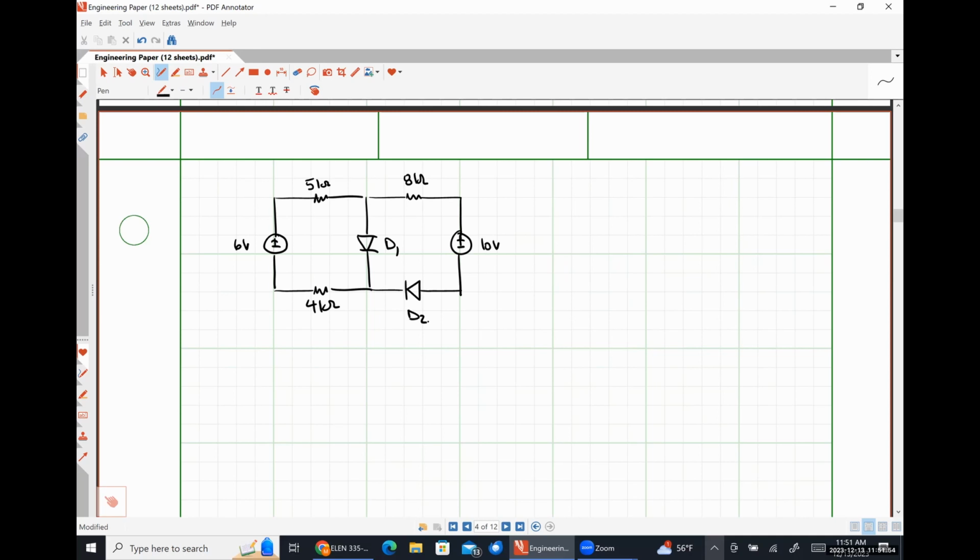Here's our diode D2. I'm going to define VD1 like so, and ID1 like so. I'm going to define VD2 and ID2 like so.